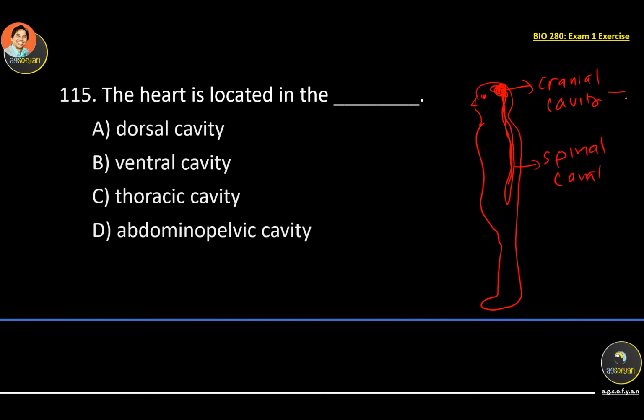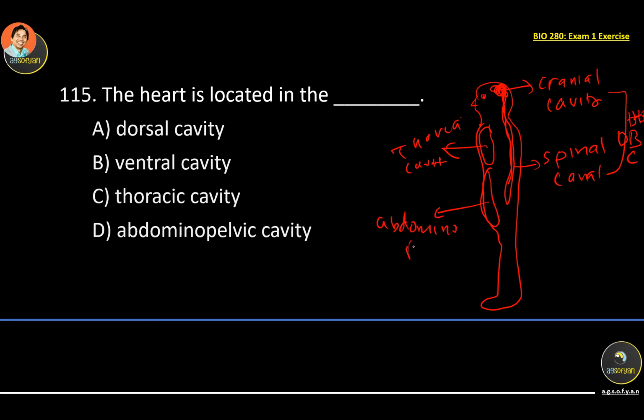This is the dorsal body cavity, DBC. And then in the front we have the thoracic cavity and abdominopelvic cavity. Both of them are called the ventral body cavity.